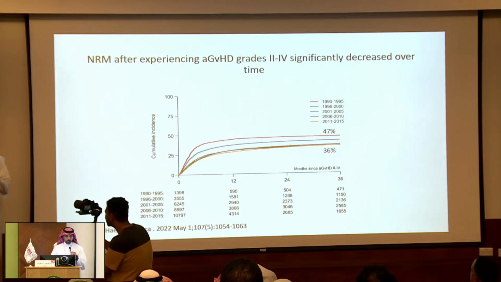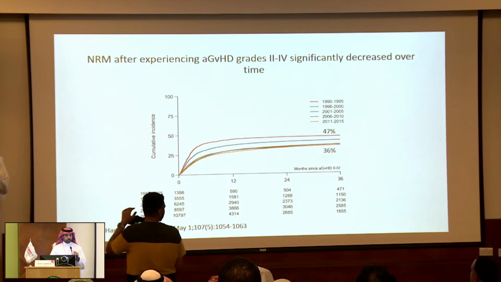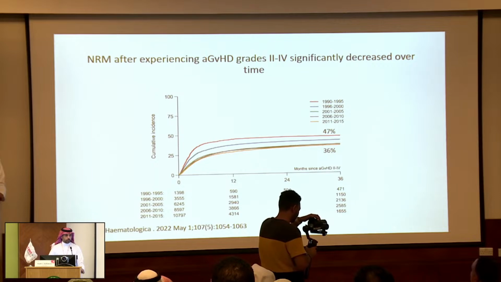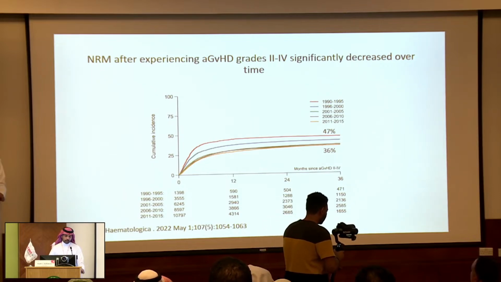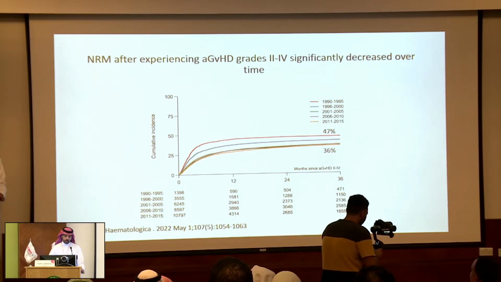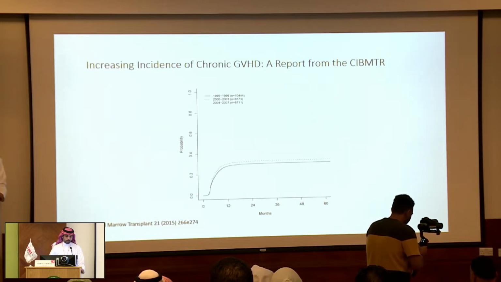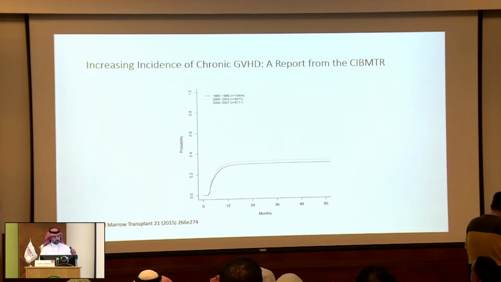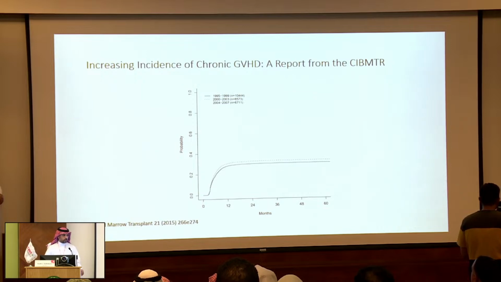And I think this is highly contributed to by the improvement in the conditioning regimen and the novel prophylactic modalities that have been pioneered. Chronic GVHD as well, in recent data from CAPMTR, shows that there is still an increased risk of developing this kind of complication.